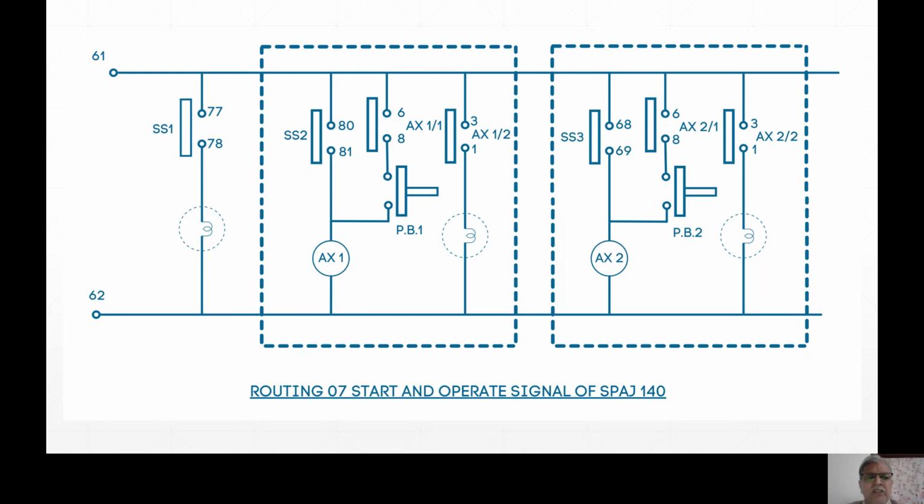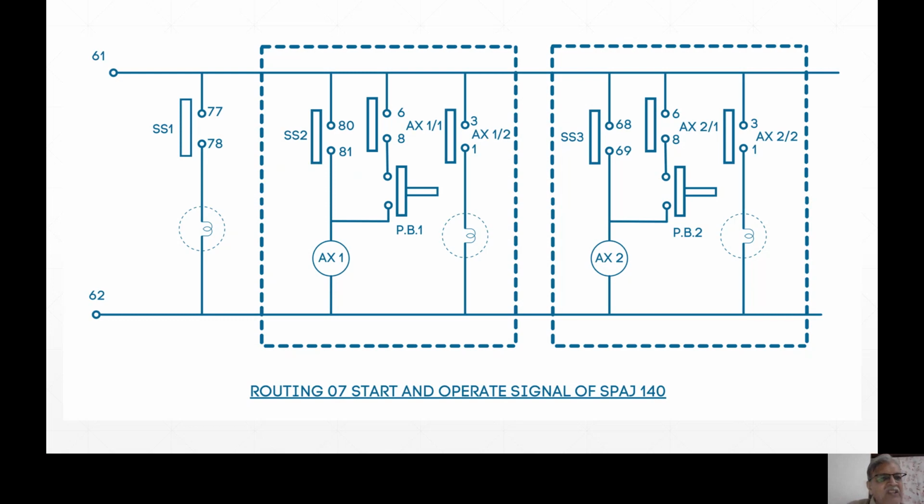That we can do, it is not impossible. But then you need those long wires to be run. Instead, what we have done is provide the signals, meaning the visual indication on the same panel. And for providing that on the same panel, we have wired this circuitry.